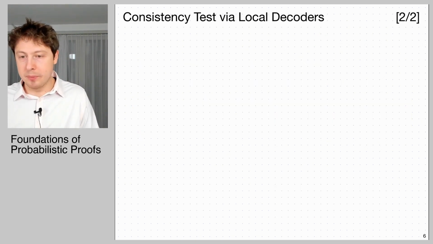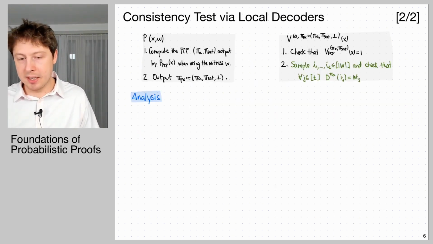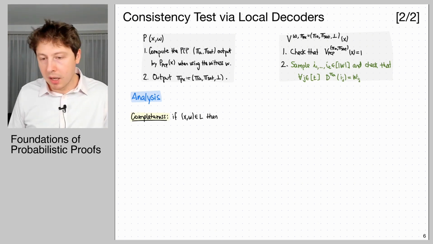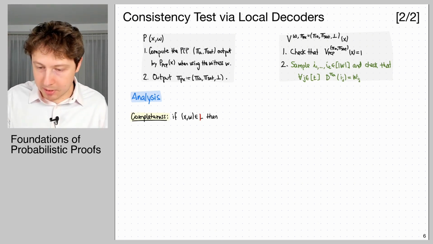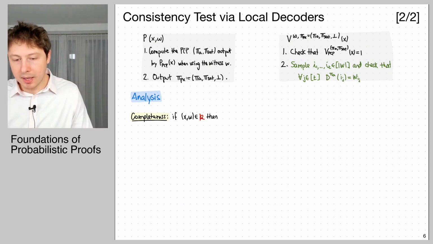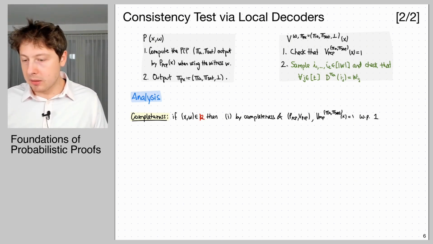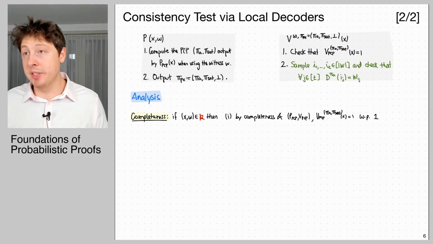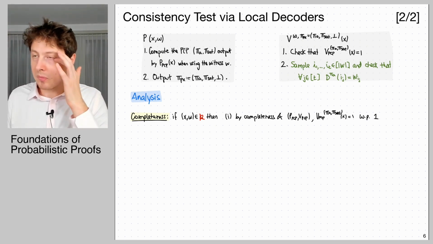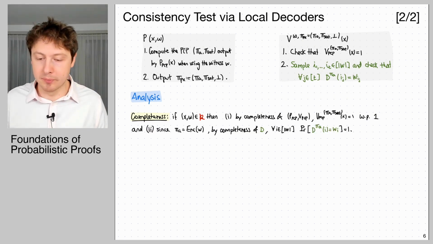Okay, so here's the construction again, and let's analyze it. So for completeness, if x and w are in R, then by completeness of the PCP, this PCP verifier will accept, say, with probability 1, or 1 minus the completeness error.